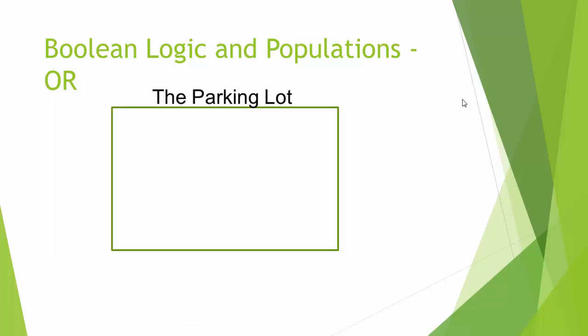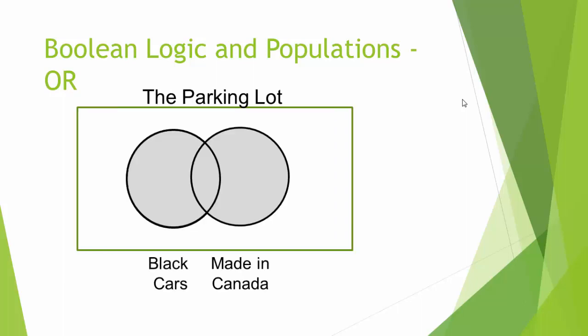Now, we can also, from the Boolean system, look at the idea of OR in the same way. So we can look at the black cars that are in the parking lot, the ones that are made in Canada, and in fact, both of those sets would conform to our OR operation. In other words, every car that we'd counted gets counted as black or made in Canada.